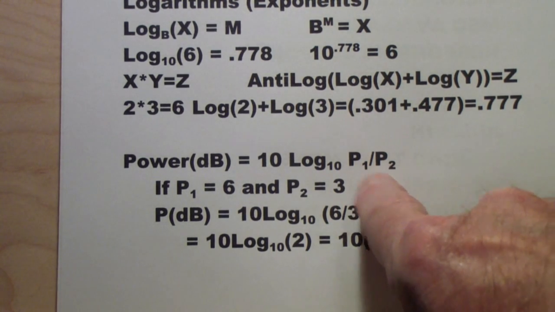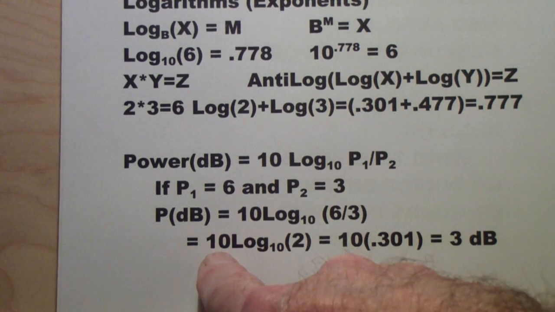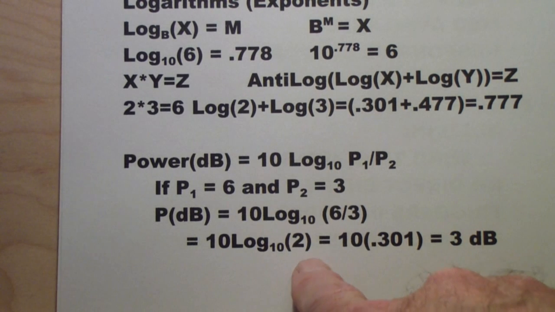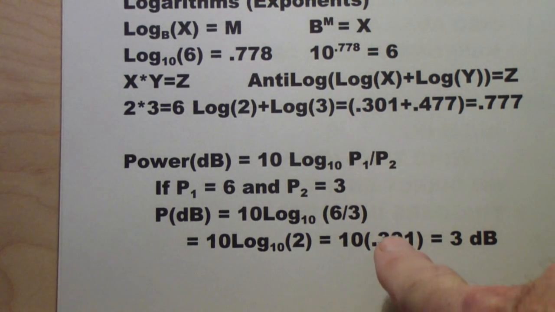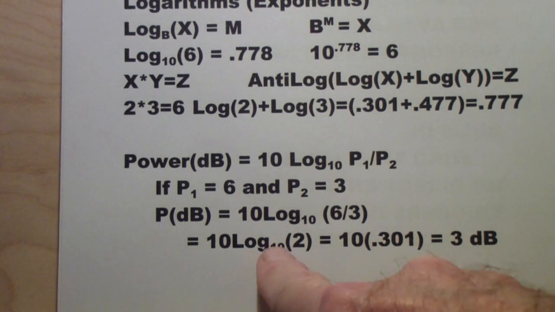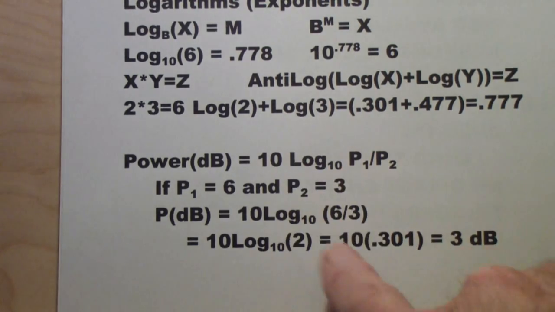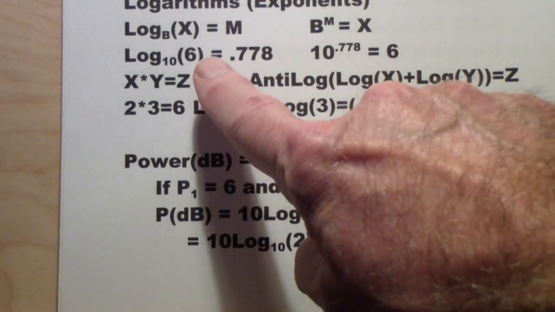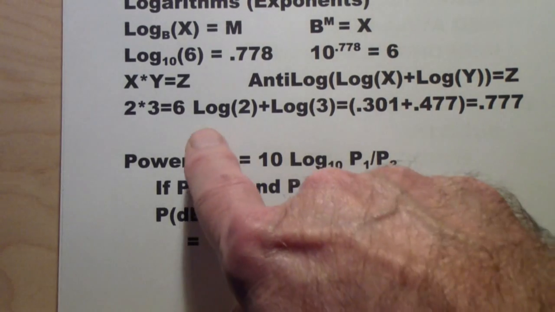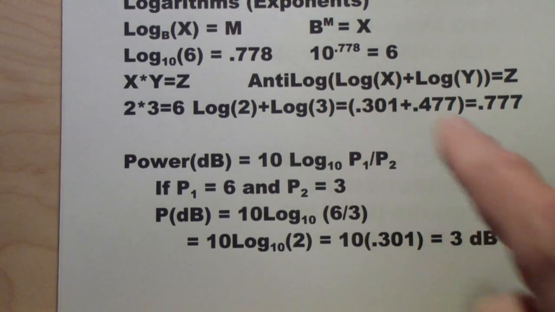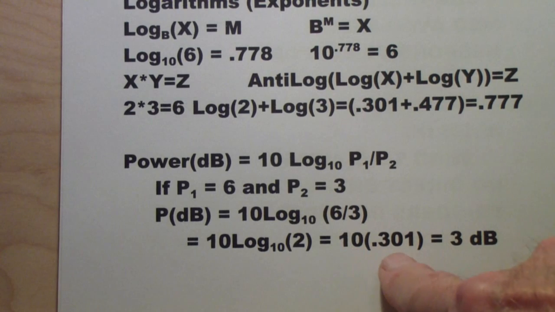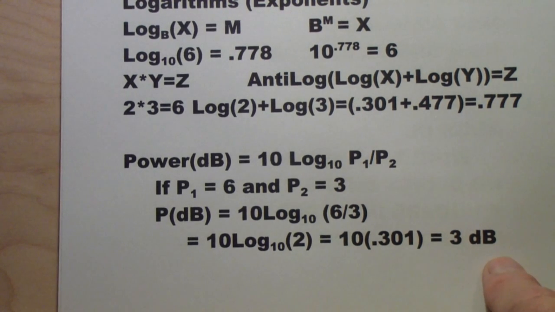That's this ratio. Or it's the same as 10 times the log to the base 10 of 2, since 6 divided by 3 is 2, which is 10 times 0.301. The log to the base 10 of 2 is 0.301. Remember, we saw that up here. So it's 10 times 0.301, or 3 dB.